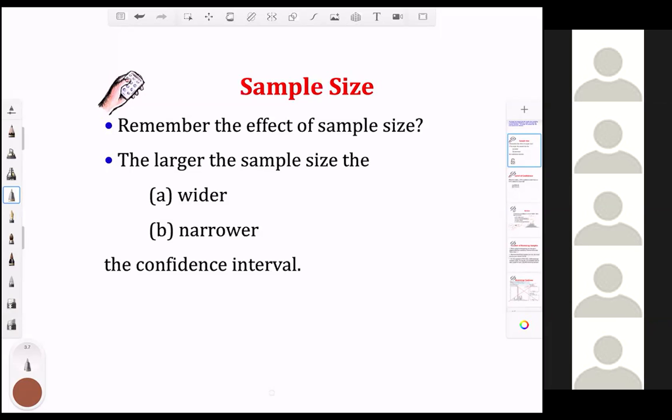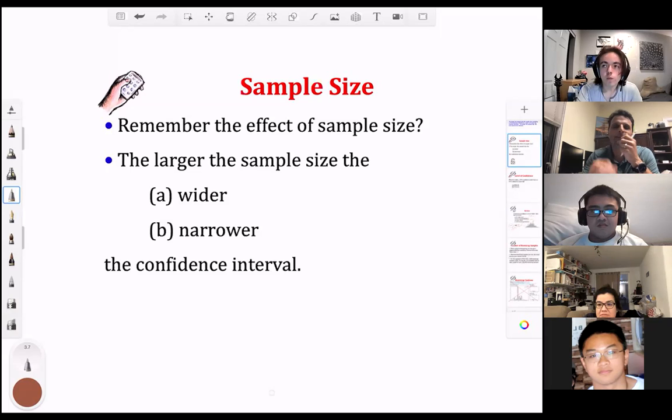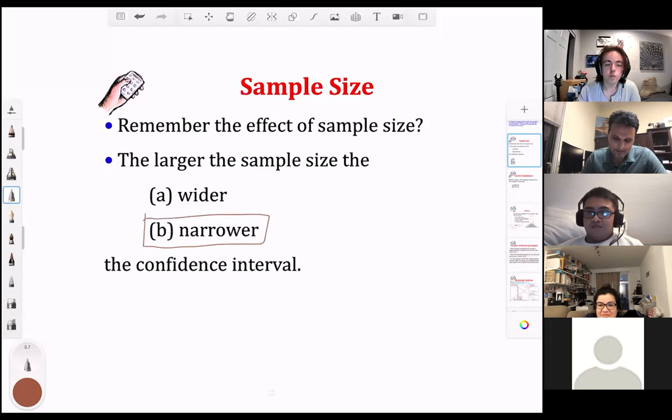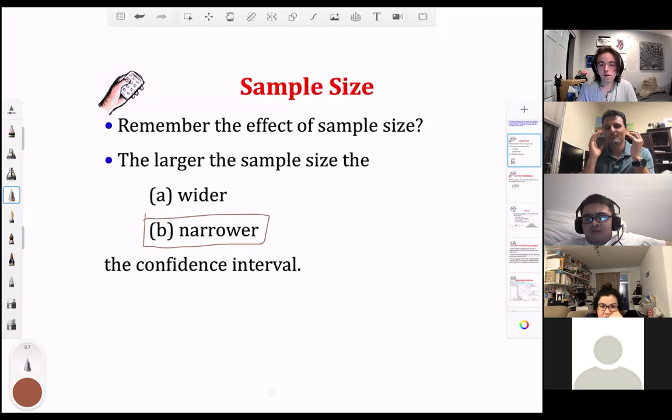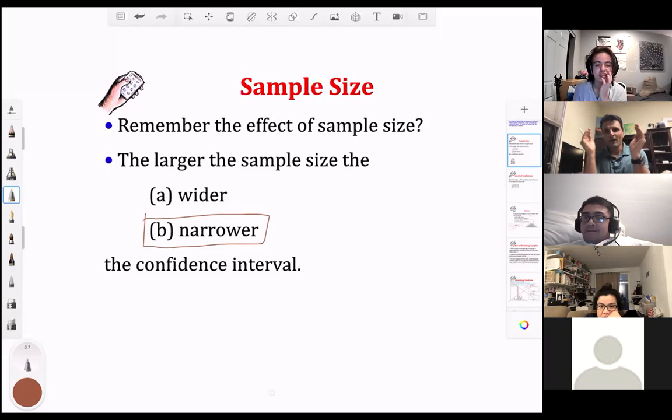Wider? No. Okay. Well, then narrower. Yeah, good. It will be narrower. When we pick a larger sample, that means we are more accurate because we took a lot of samples, correct? Then our confidence interval should be smaller, narrower.